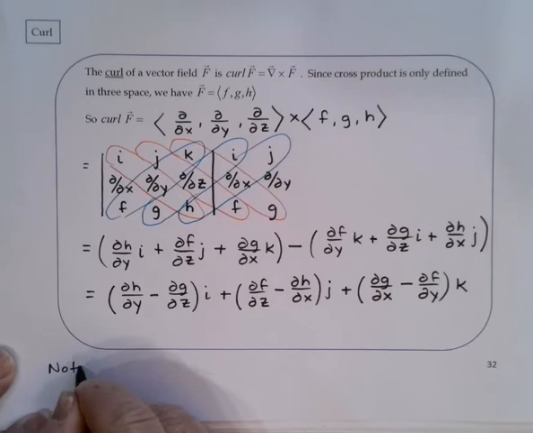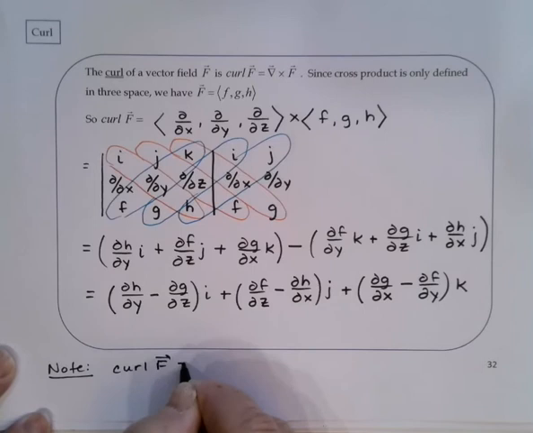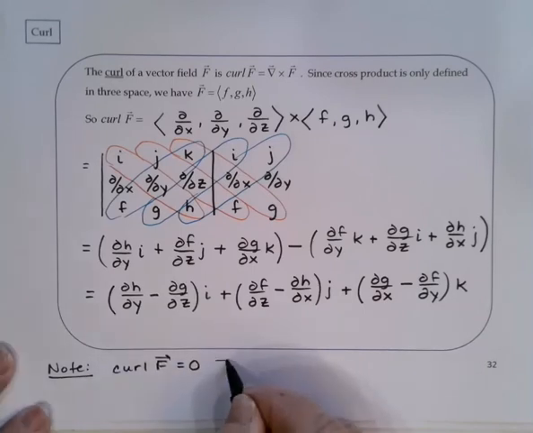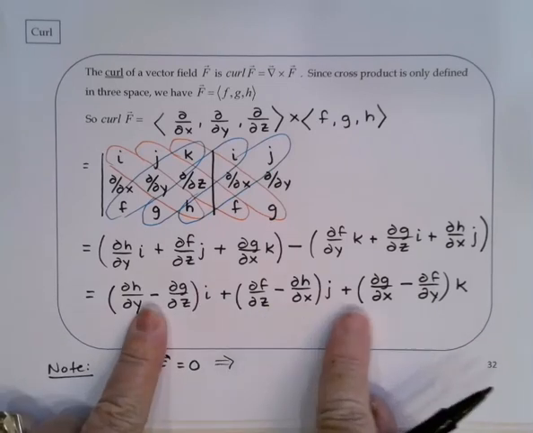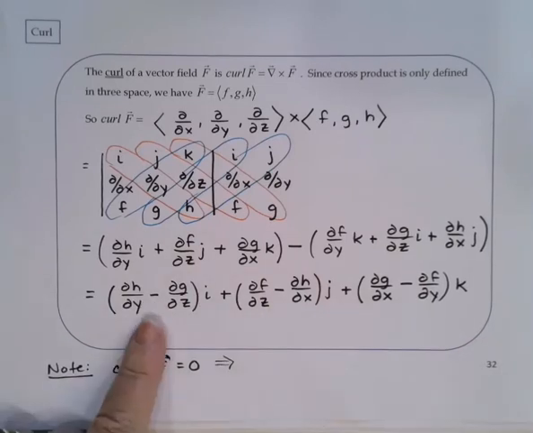Quick little note here. What if the curl of f turns out to be equal to 0? Well, if that's true, then each component would have to be equal to 0.